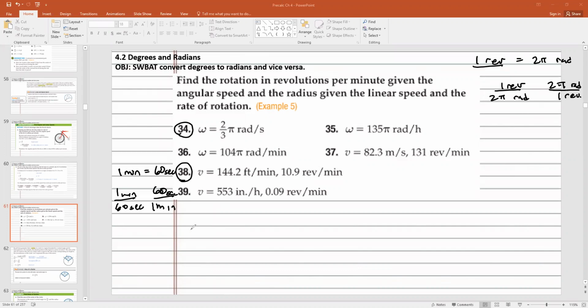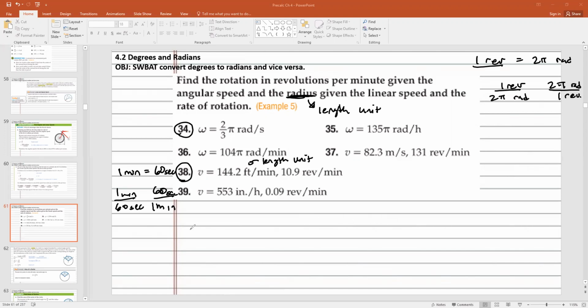So here, it says to find the radius. Remember, radius is going to be whatever the length unit is. And in this case, our length unit is feet. Feet, inches, centimeters, whatever.